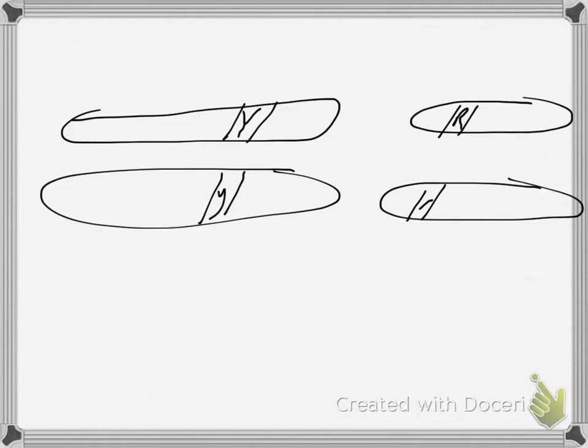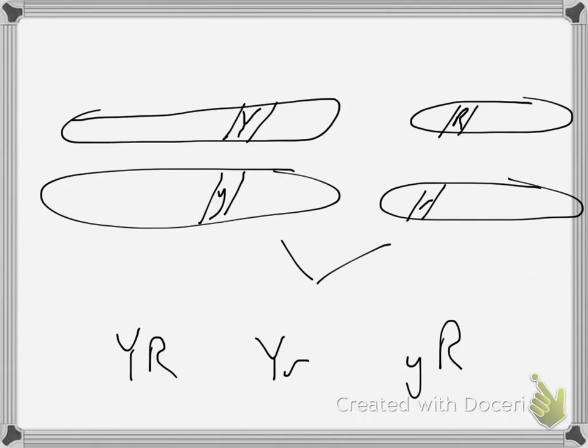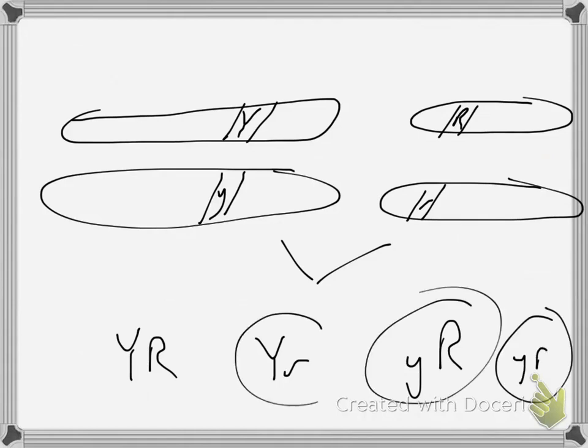And this is my heterozygous individual. The gametes from this can end up being big Y, big R; big Y, little r; little y, big R; little y, little r. These are the gametes that we can get, and therefore we can get new combinations.